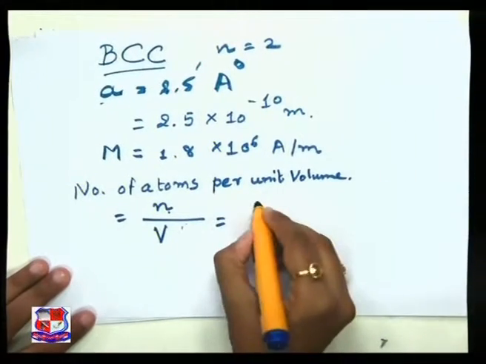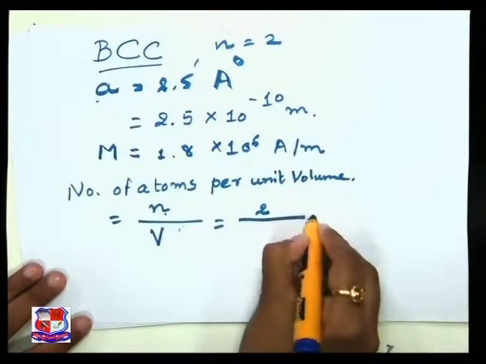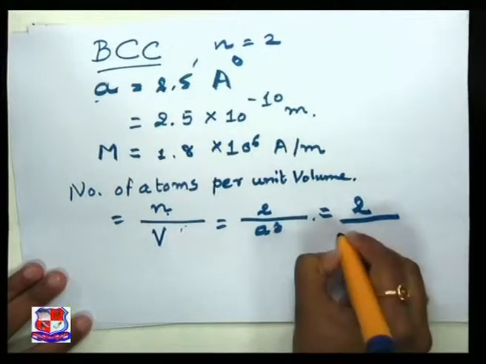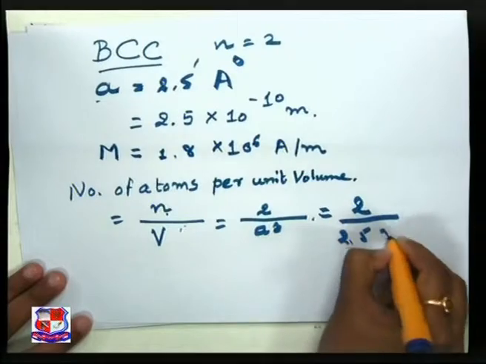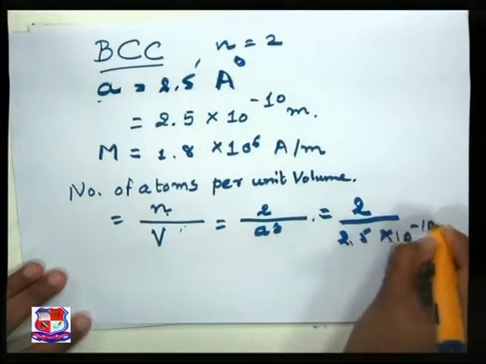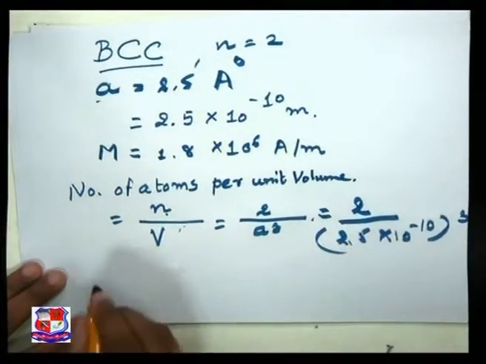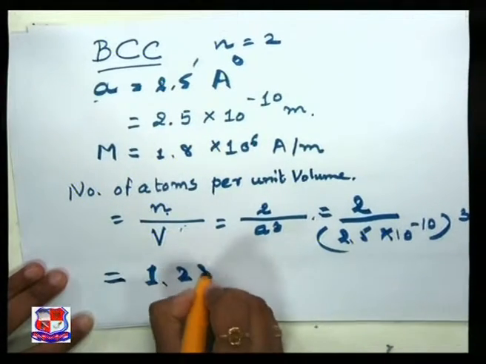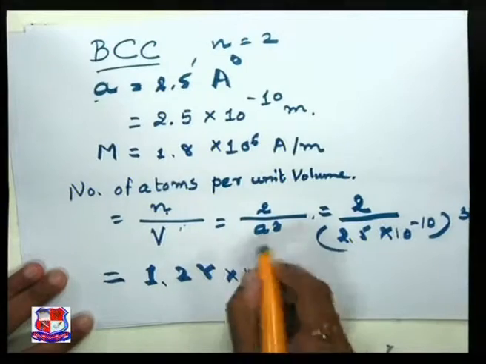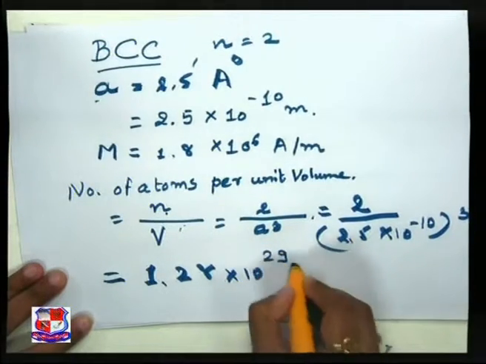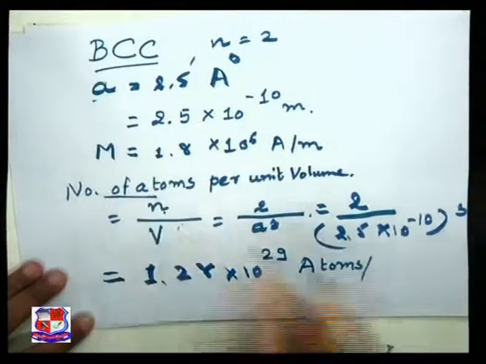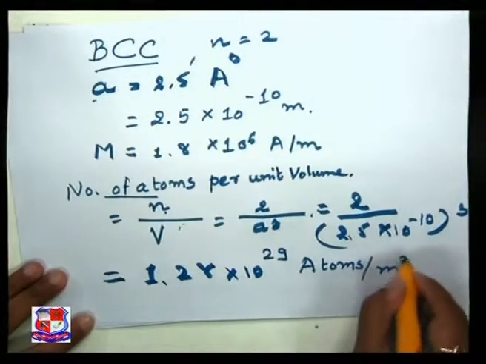So the answer is 2 divided by a cube, that is 2 divided by (2.5 into 10 raised to minus 10) cubed. The answer is 1.28 into 10 raised to 29 atoms per meter cube.